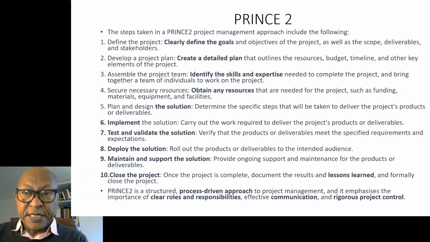But before we implement the solution, we have to go through extensive testing of the product or services. Has the scope been achieved? Are the deliverables what we're really expecting? Is the quality level or the performance of the product as expected, as defined in stage 1 at the beginning, whereby we clearly defined the goals, deliverables, and the scope of the product and the service?